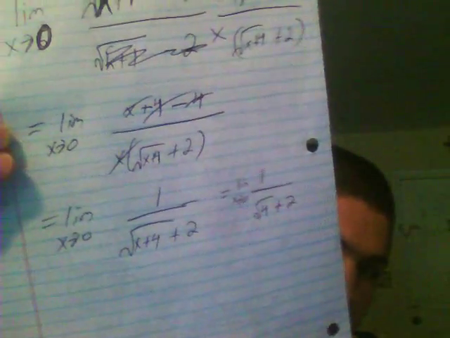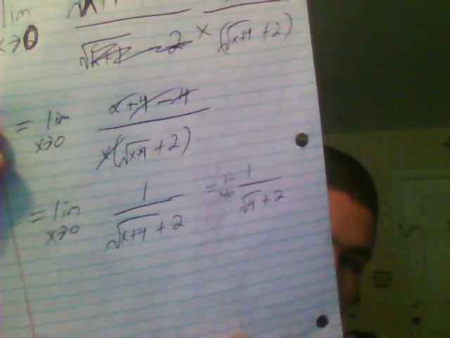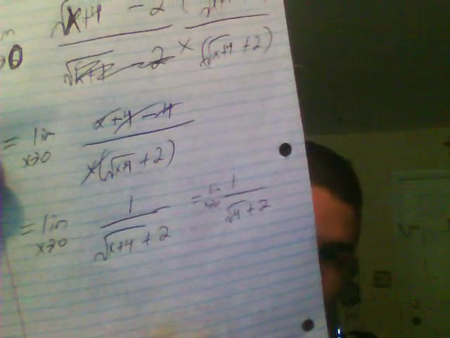I'll write it out just in case you don't see it. So this would be limit as x approaches 0, 1 over square root of 4 plus 2, right? I just plugged in 0 for x, and I have that. So square root of 4, you know, is 2, so it'll be 1 over 4. Equals 1 over 4. Make sense? Right? 1 over 4. Sorry about that.